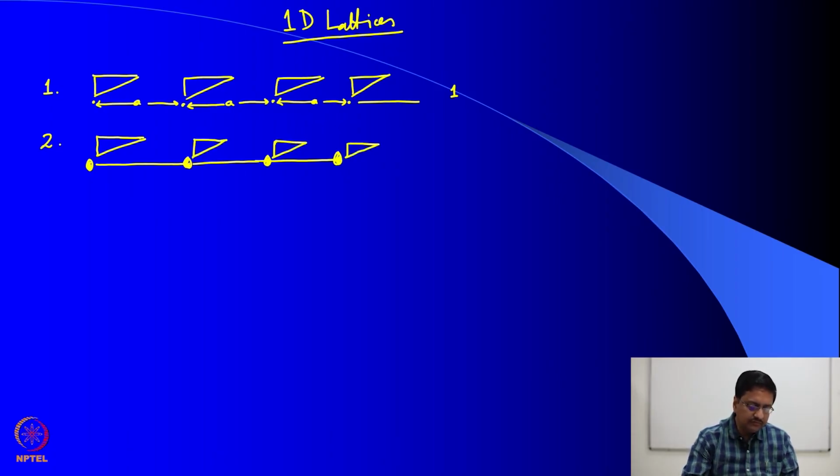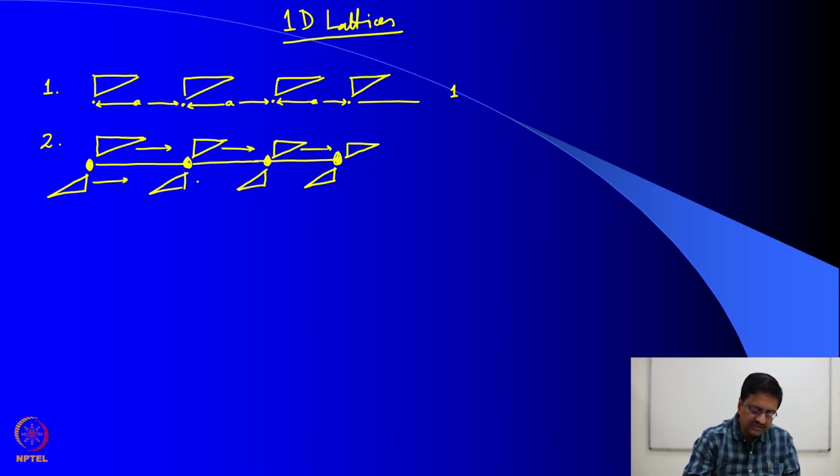So when you apply a two-fold axis about this point here, you generate the object like this. You see that these objects are translated. These rotated objects are also translated. So this has a two-fold axis of symmetry. This is the second type of 1D lattice.